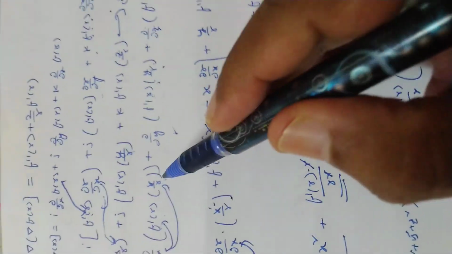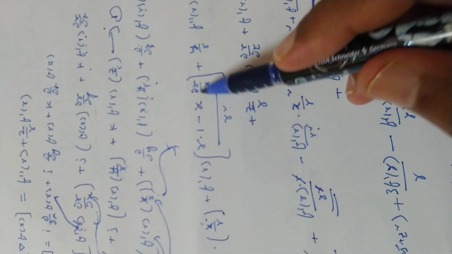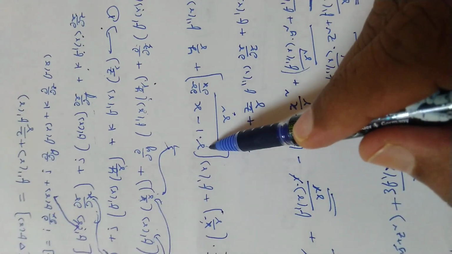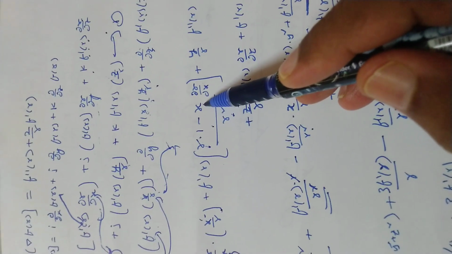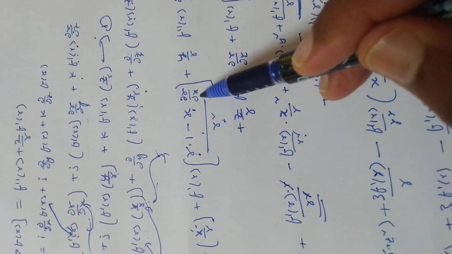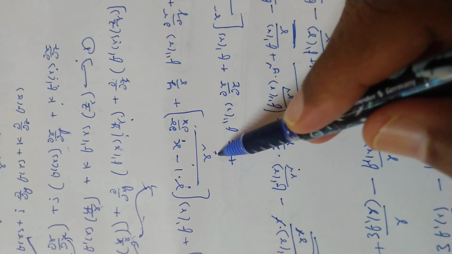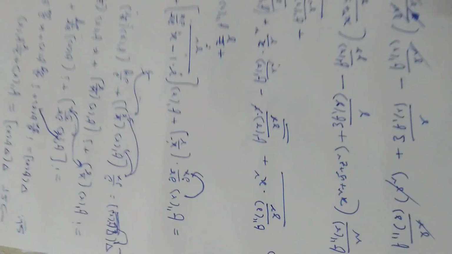Here you can apply the quotient rule, u by v formula, v into u dash minus u into v dash by v square. So r is a constant here, the derivative of x is 1, and x is a constant, and the derivative of r is dou r by dou x, divided by v square, which is r square. Similarly, we can do this one and this one.